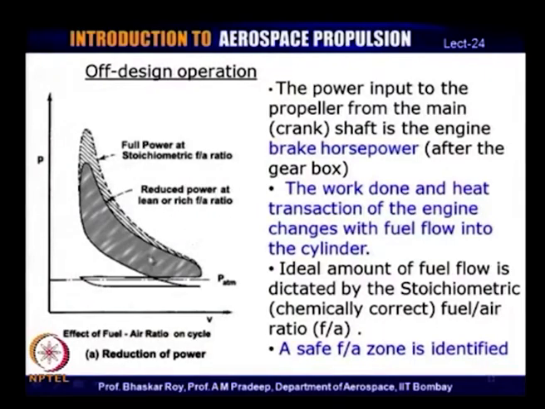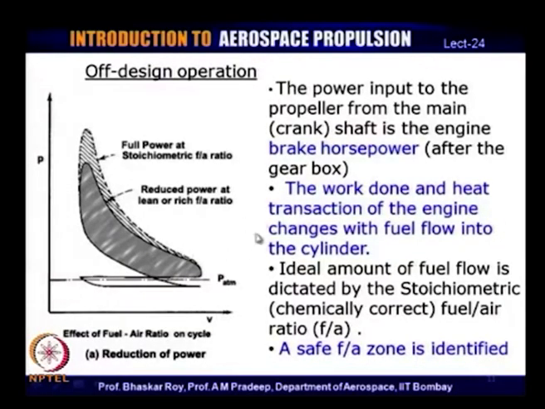What we can see here from a thermodynamic diagram, a version of the real cycle that we have seen before in the PV diagram, is that if you have a fuel supply that is reduced, the work done will be reduced. Quite often aircraft could do with reduced power, especially when it is cruising. On the other hand, you may need more power when the aircraft is climbing. It has to climb from low altitude to high, and you would have to pump more fuel into the cylinder, and you would get more power.